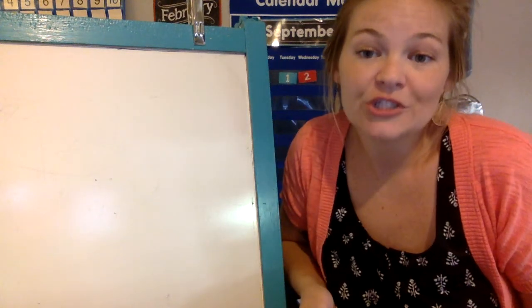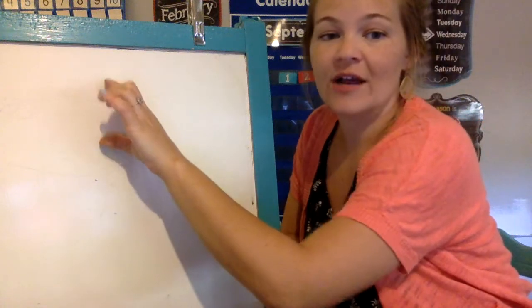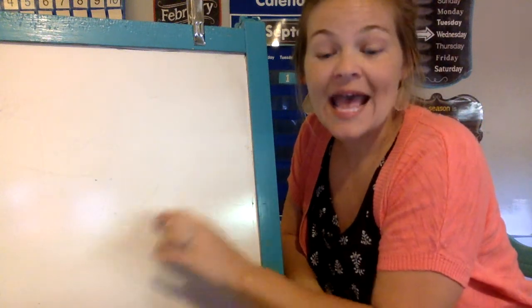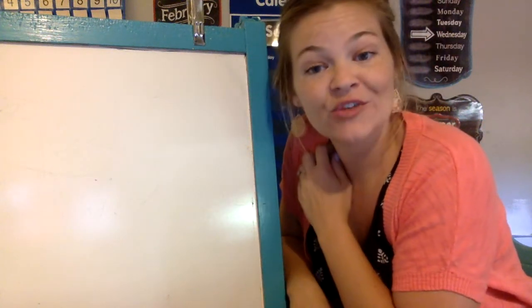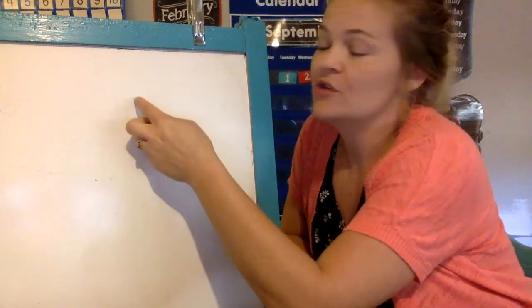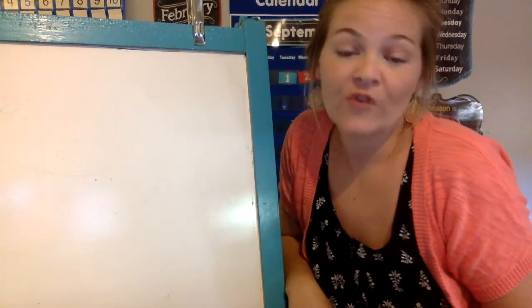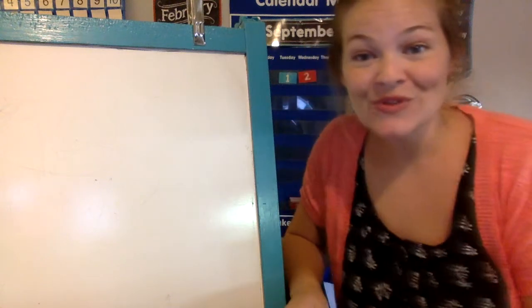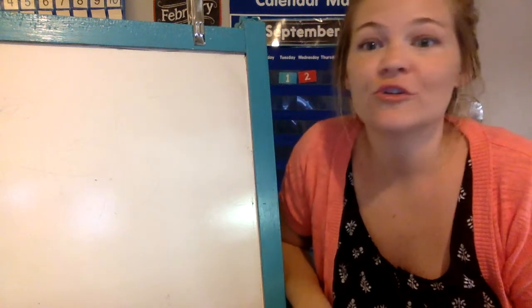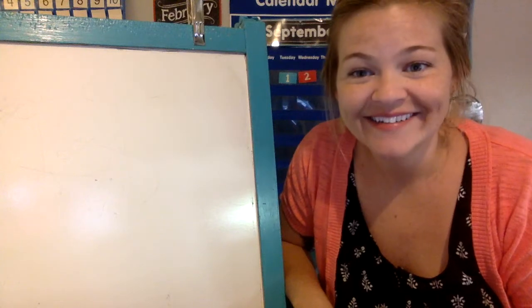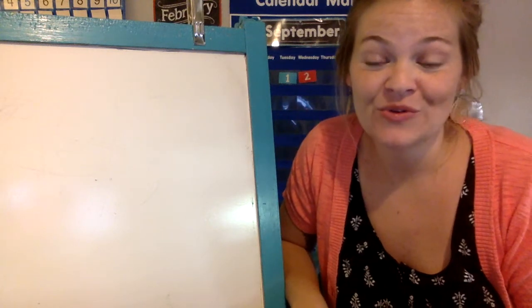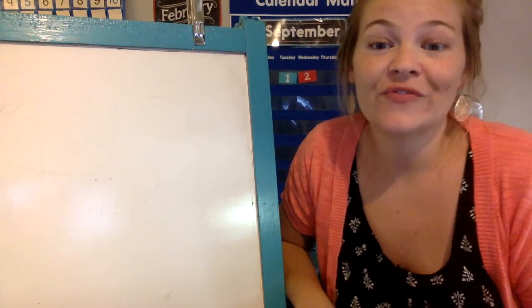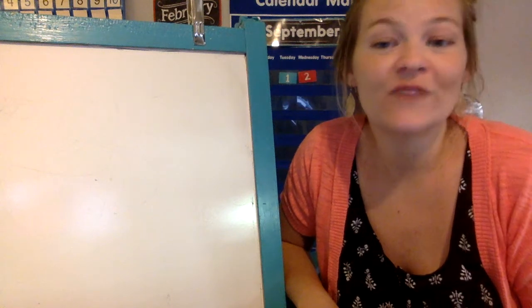So a tally chart, remember, you can have a couple different options, and then you can take a vote. You can ask your family to vote, and then you draw a line for whatever they voted for. Okay, so you could do a tally chart with your family for what your family wants to eat for dinner tonight. You could do a tally chart for what your family's favorite movie is.